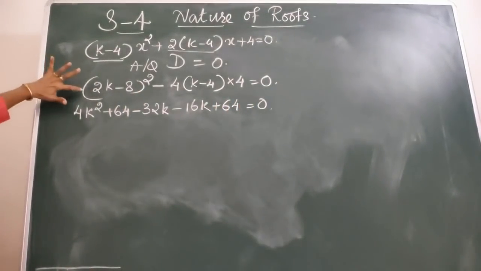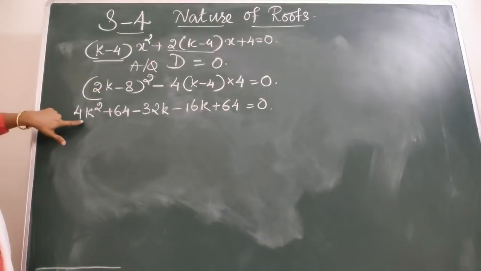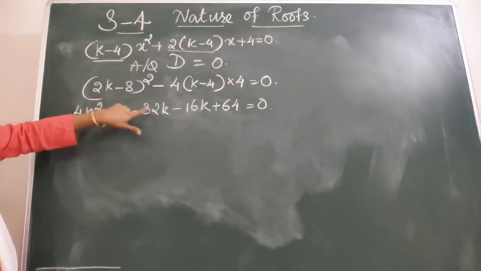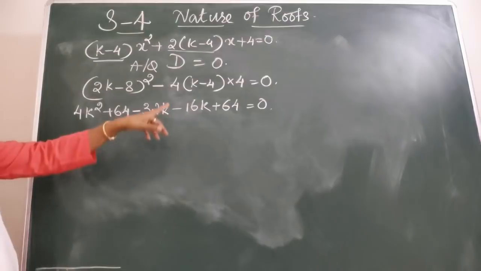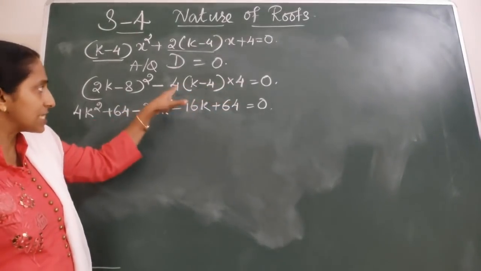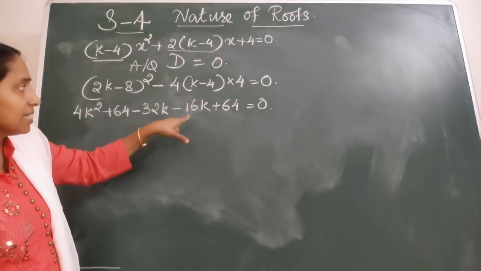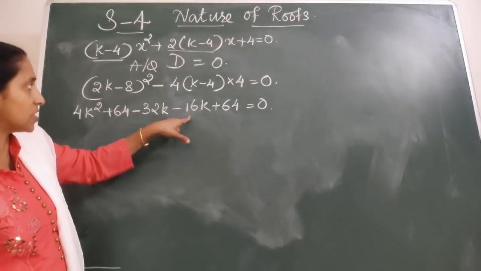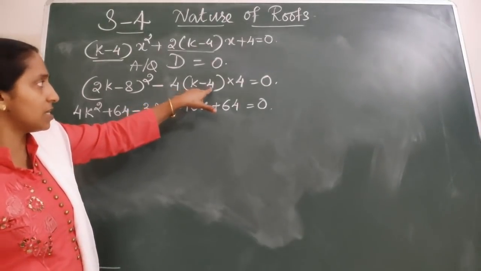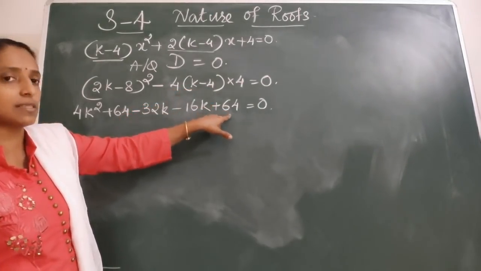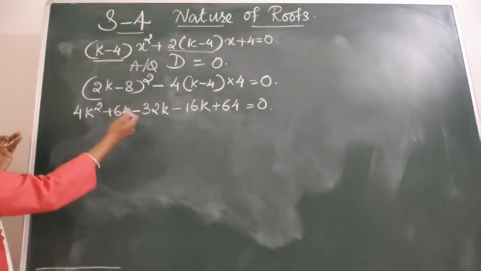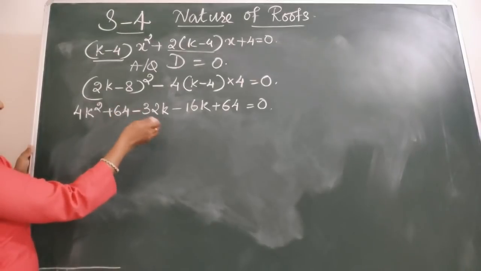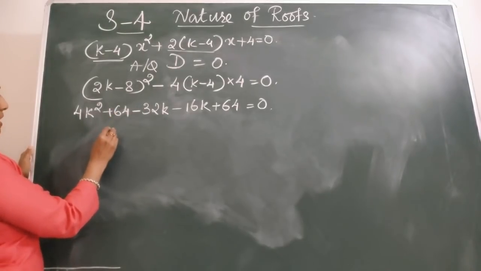Clear? (a minus b) whole square is equal to a square plus b square minus 2ab: 2 into 2k into 8, 32k. Then 4 into 4, 16, minus 16 into k, minus 16k, again minus 16 into minus 4 plus 64. Right? Now we are solving, taking out the like terms.